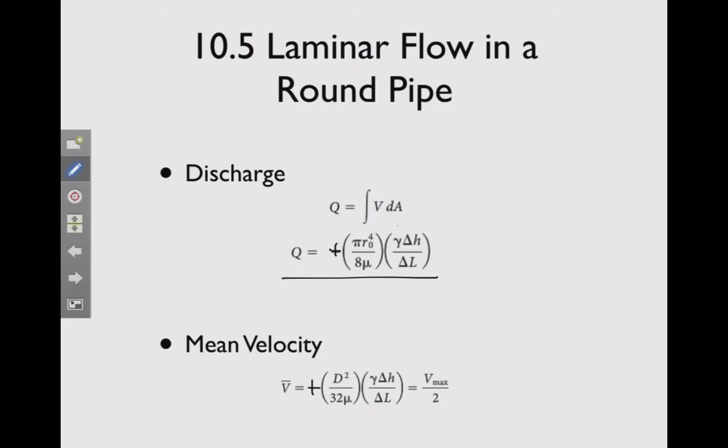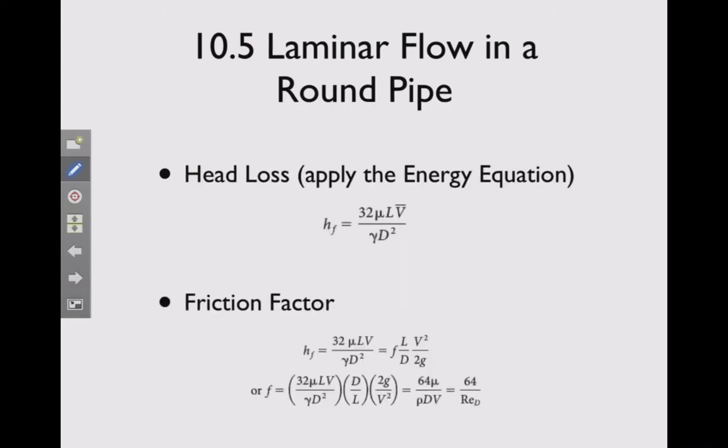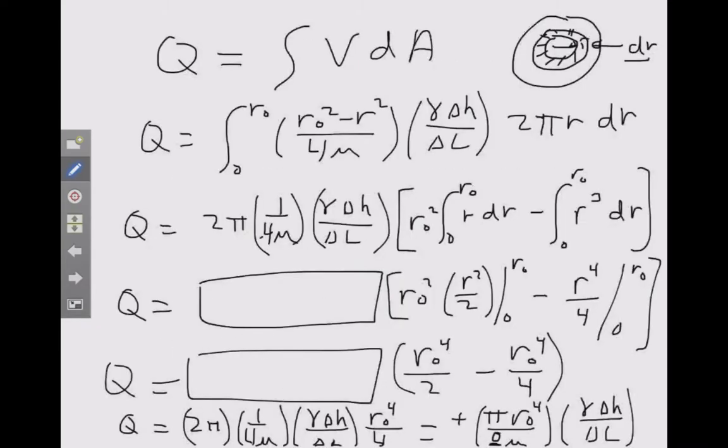If we compare this velocity back to the mean velocity, or the max velocity we have, well, let me just go ahead and do that. Let me back up. New sheet.